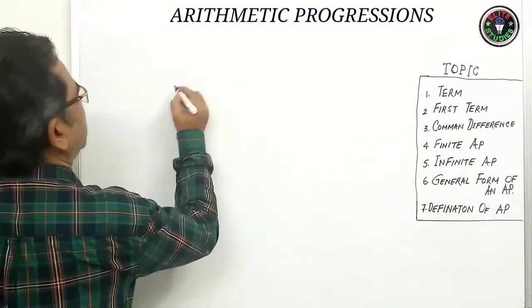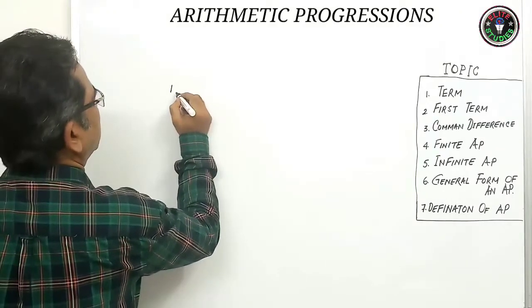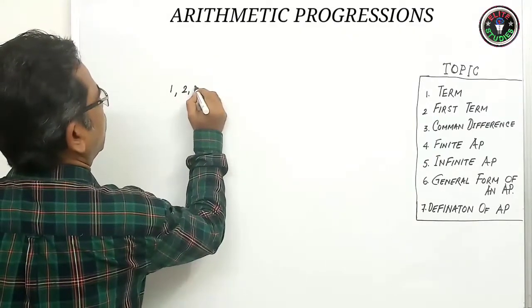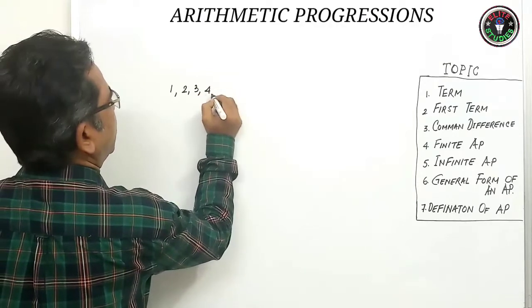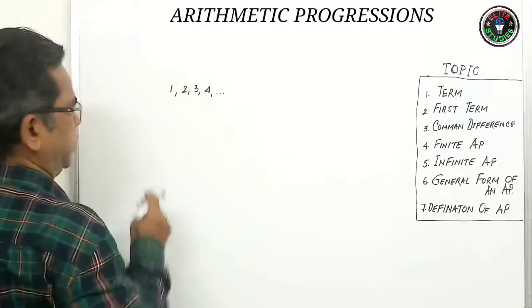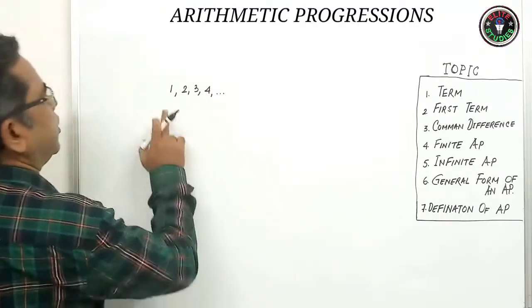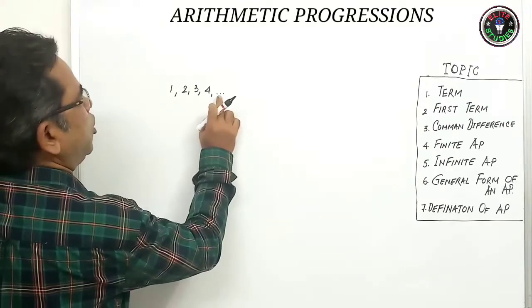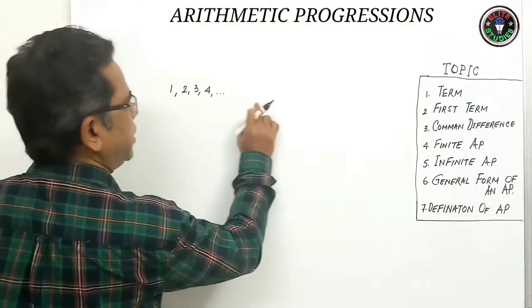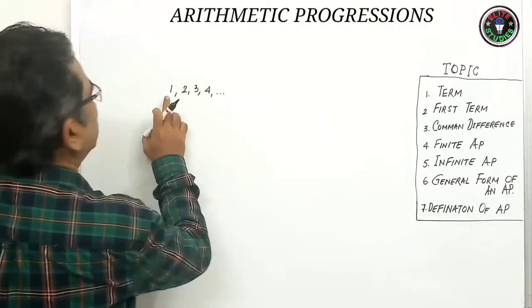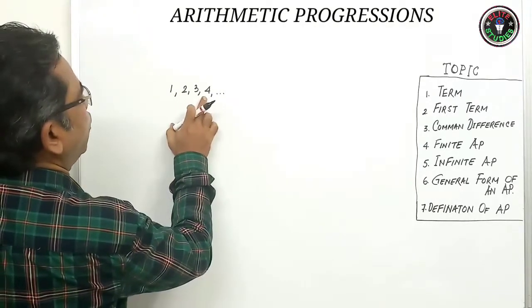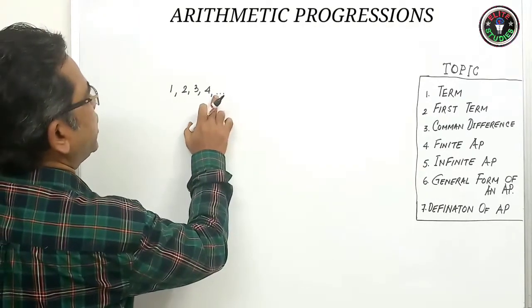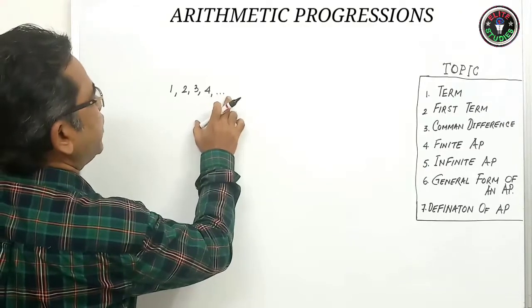If I write 1, 2, 3, 4, ... Here what you see, this ... represents a series. It is continuing. 1, 2, 3, 4. This dot shows that the next one will be 5, 6, 7, 8, 9, 10.